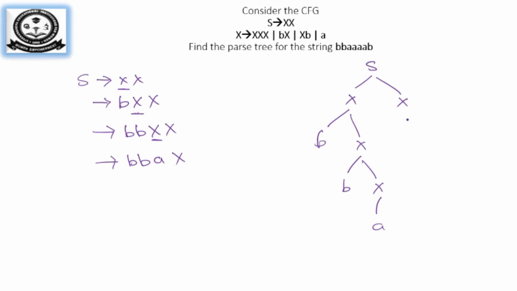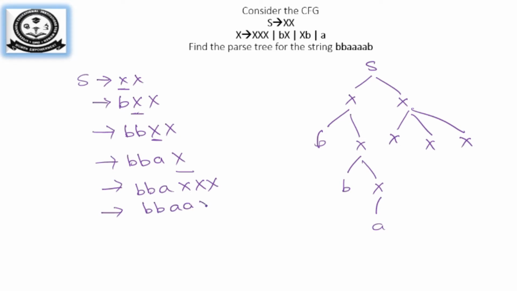I need 3 A's more. So I will replace this X with 3X, BBAXXX. So you will have X and X, right? So for the first X, I will substitute A, and for the second X, I will substitute A. So it will become BBAAXX.